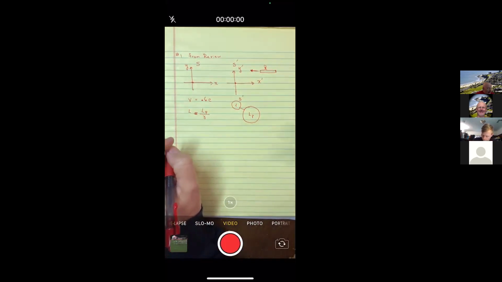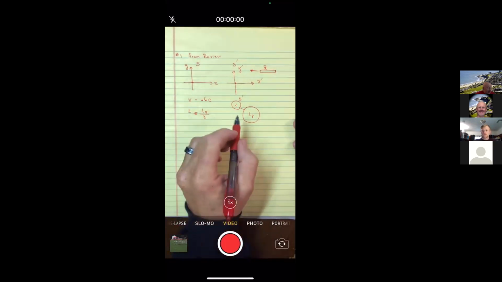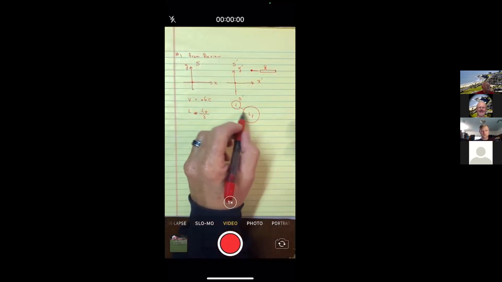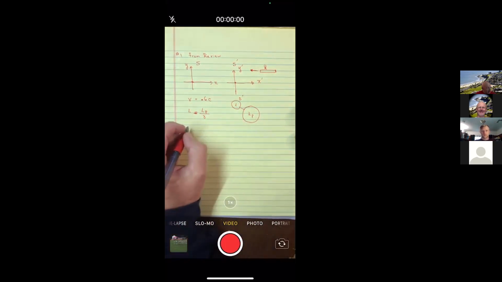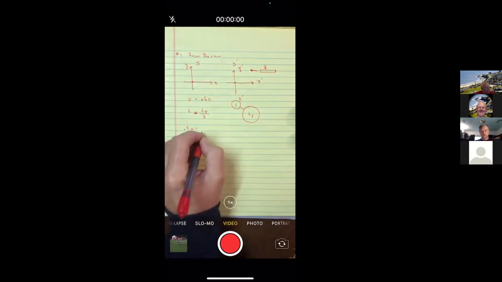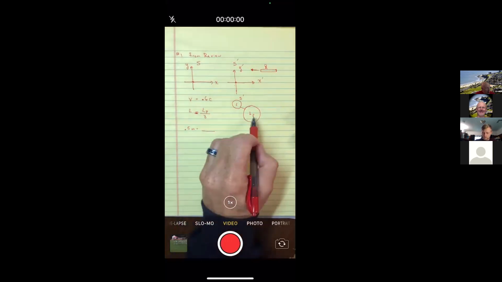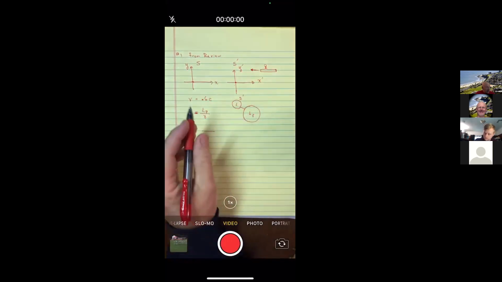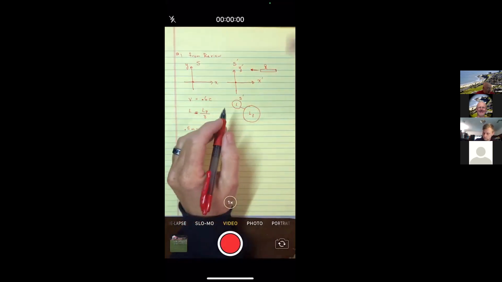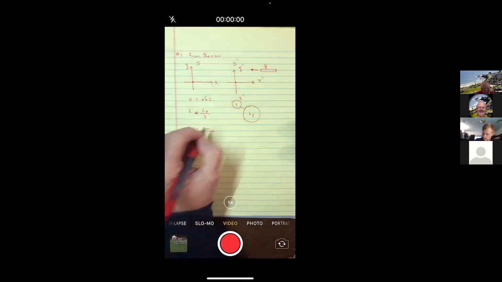What I am trying to say here is they gave me both of these in the problem. Let me just make sure I'm reading it right. It says the length of the stick is 50 centimeters as measured by the observer in S prime. So I'm going to put here 0.5 meters. We know if you were moving with the meter stick, so there's no motion between you and the meter stick, you would get 1 meter.